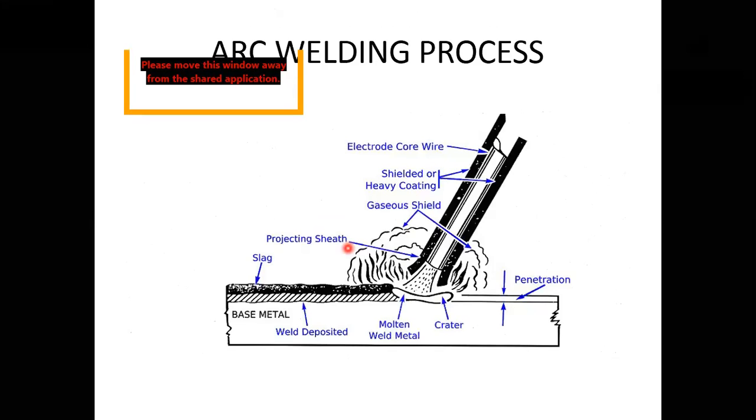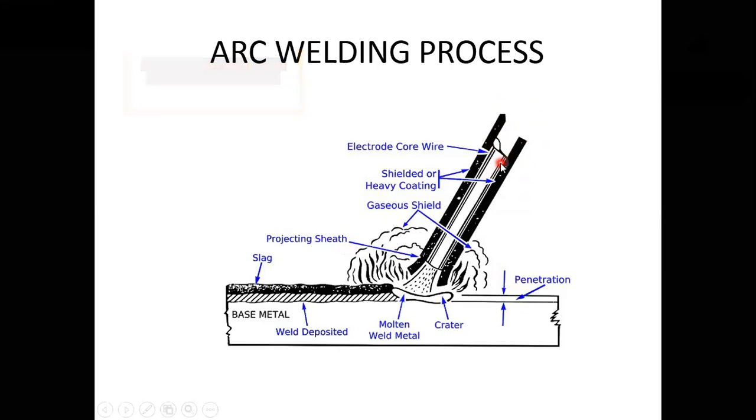Arc welding. This is another sketch. Here also some color sketch is there. It is very similar to the previous sketch, so you study this one. This is the electrode, but the electrode holder is not shown here. Only the electrode is shown.